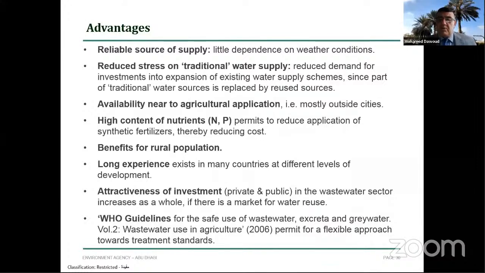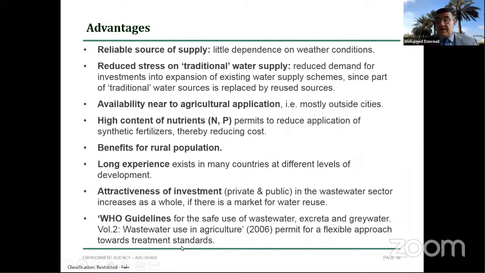It is also high in nutrients, of course, containing huge amounts of nitrate and phosphorus, which is very good for enhancing plant growth. We benefit from the urban population if we collect the wastewater, treat it and reuse it. We have experience within the region in how to deal with treated wastewater, how to transport it, and how to utilize it.